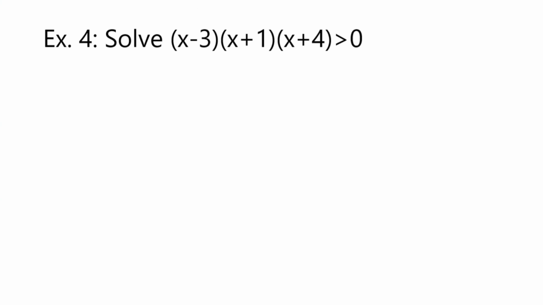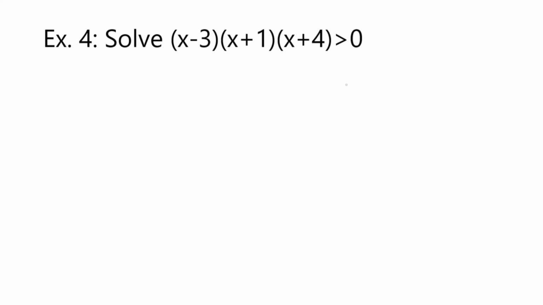That is f of x. And it is saying that these combined create a polynomial that is greater than 0. Right? And it wants to know in what cases is that true.